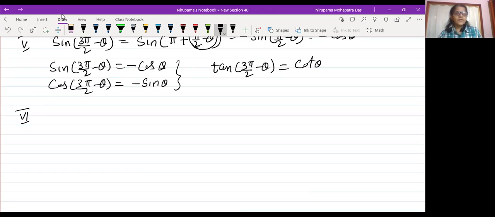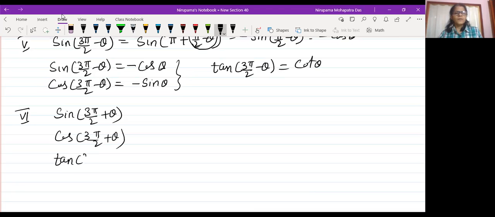For the fourth quadrant, in a similar way you can try sin(3pi/2 + theta), cos(3pi/2 + theta), and tan(3pi/2 + theta). So this is minus cos theta, this is sin theta, and this is minus cot theta.